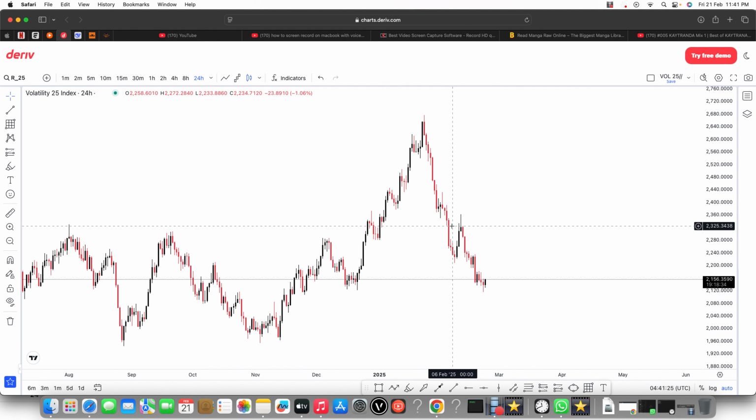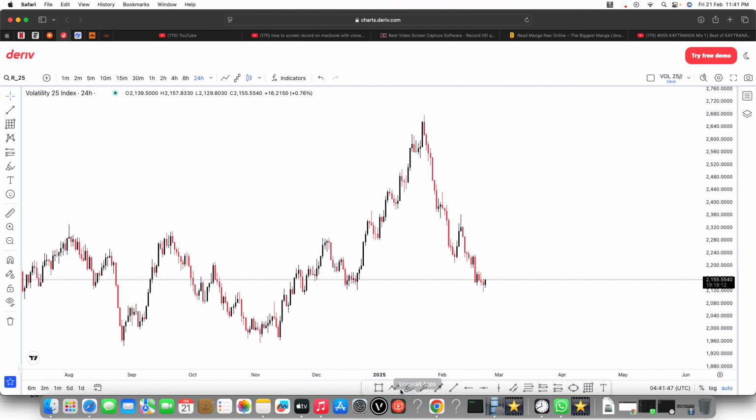So looking at the volatility index chart, the 24 hours, or the one-day chart, the first thing we must always identify on a chart is the trend and also the major swings of the market. And for that, we need to understand the order flow via trend.